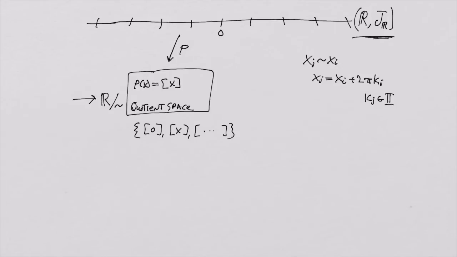So what I've just written here would look like the set of 0 plus or minus 2 pi plus or minus 4 pi, etc., etc., and then some other number x, and then it's x plus or minus 2 pi, x plus or minus 4 pi, forever and ever.